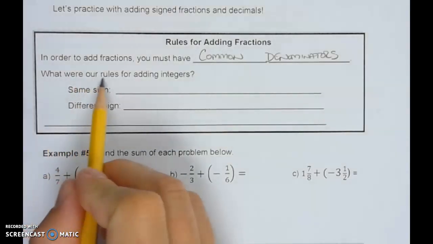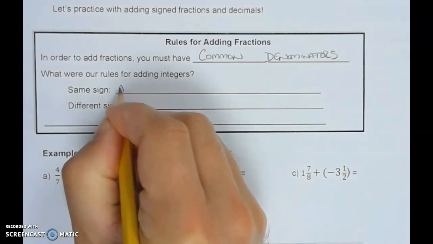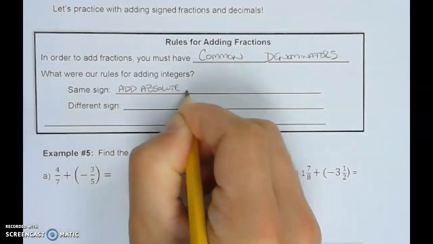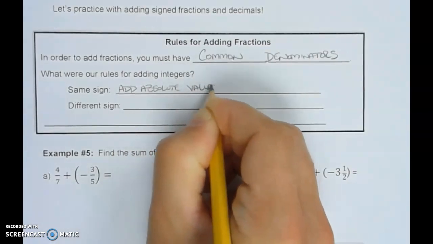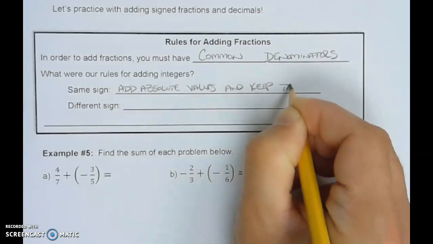And then you just need to use the same rules for adding integers. Remember, we just said if the signs are the same, we're going to add the absolute values, and keep the sign.